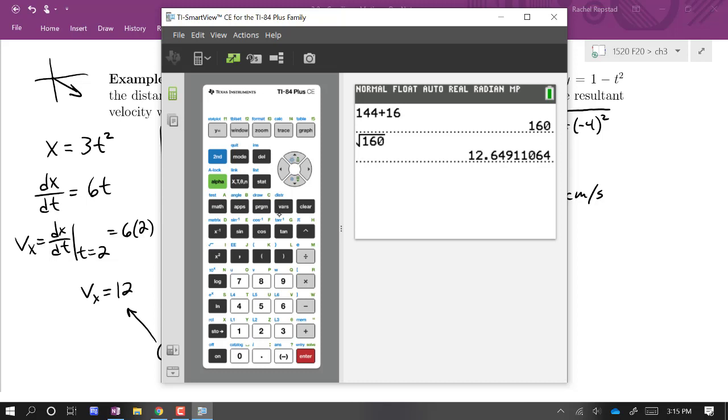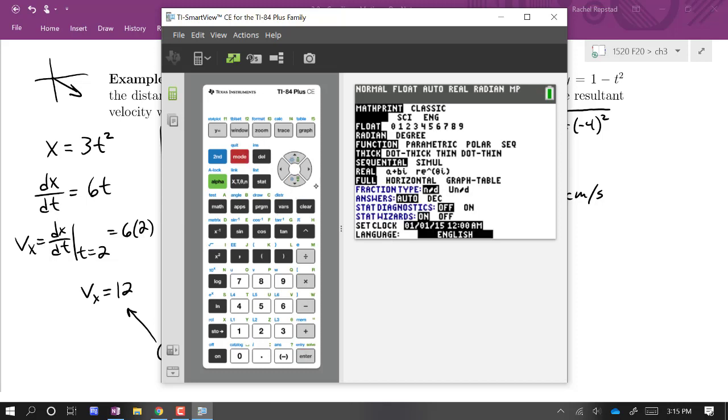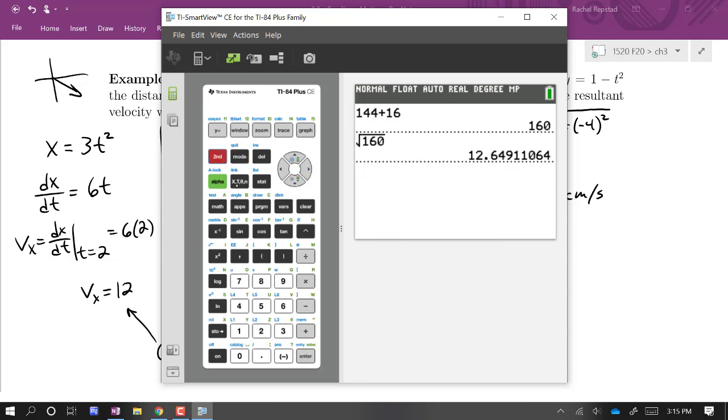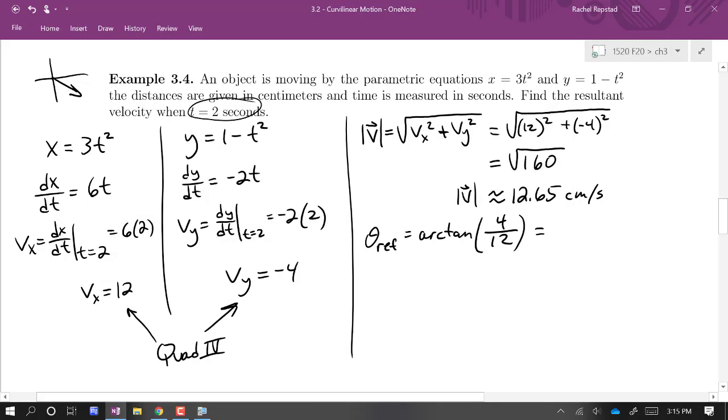I think it's pretty conventional to use degrees when you're doing these applications with vectors. So arctan of 4 over 12 is 18.43 degrees. Since this is in quadrant 4, I know I'm going to subtract that from 360.